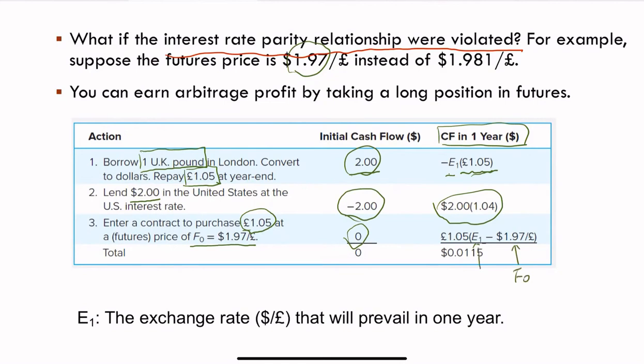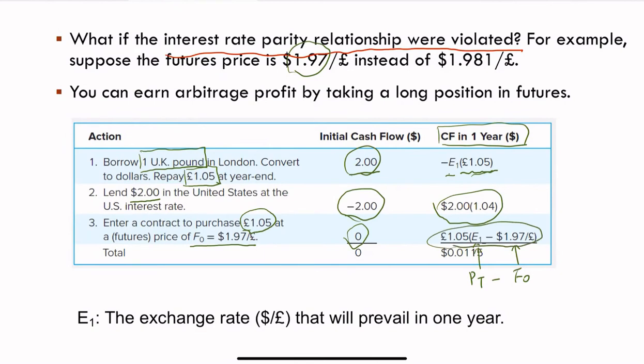So E1 is essentially P_T, and we know that as an investor in a long position, your profit is given by the asset price on the maturity date minus your initial price. Of course, this is the profit for one contract, and you have 1.05 contracts. So your total profit would be given by this.